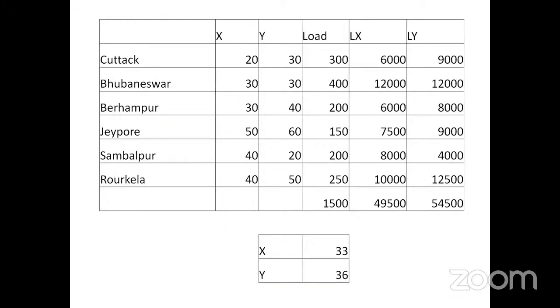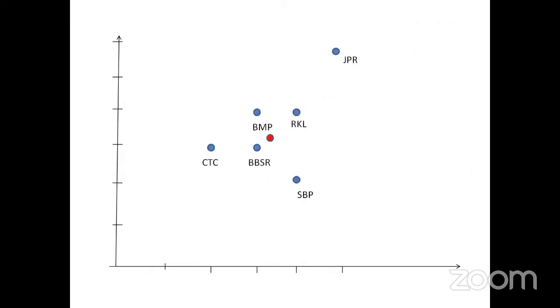Then the center of gravity method for finalizing the location of a warehouse facility. And subsequently the median method for finalizing the location of a product warehouse facility, right? Till now we have covered up to this.